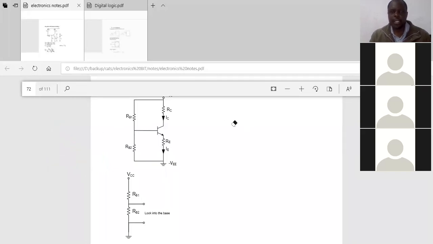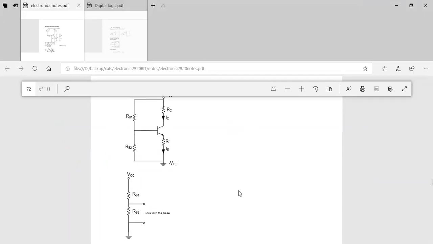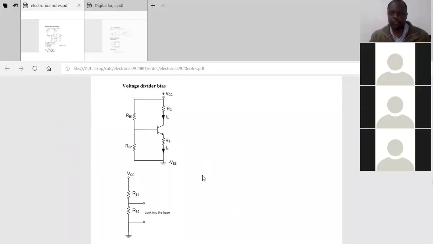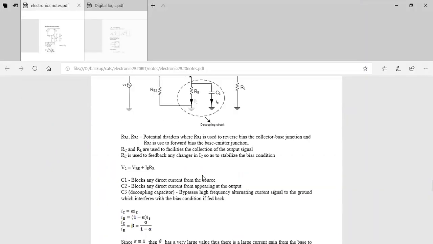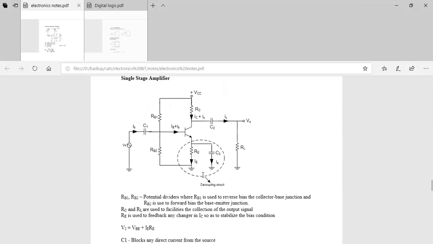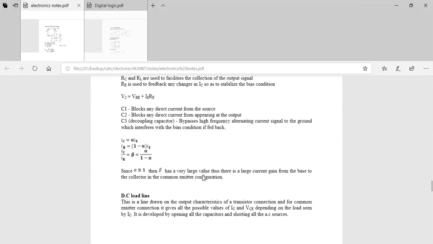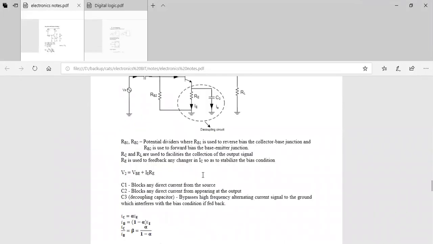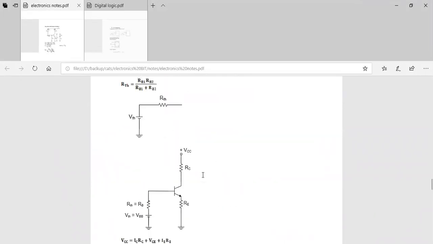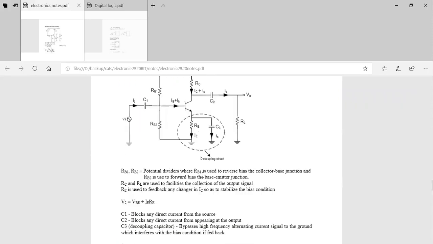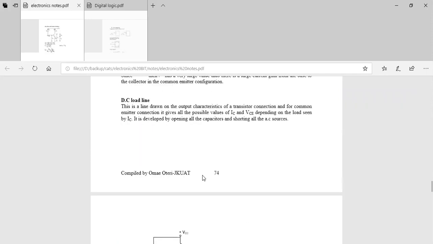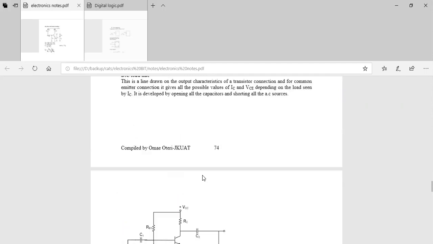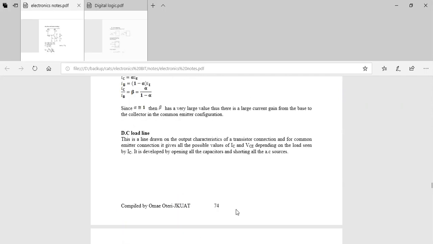But there's something I want us to talk about, which you call the DC load line. It's actually appearing after talking about the single stage amplifier, but this should be the last thing usually we deal with when you're handling the amplifier.